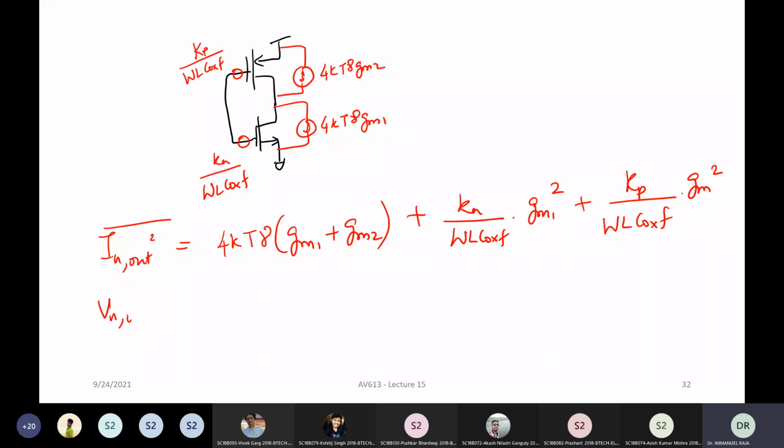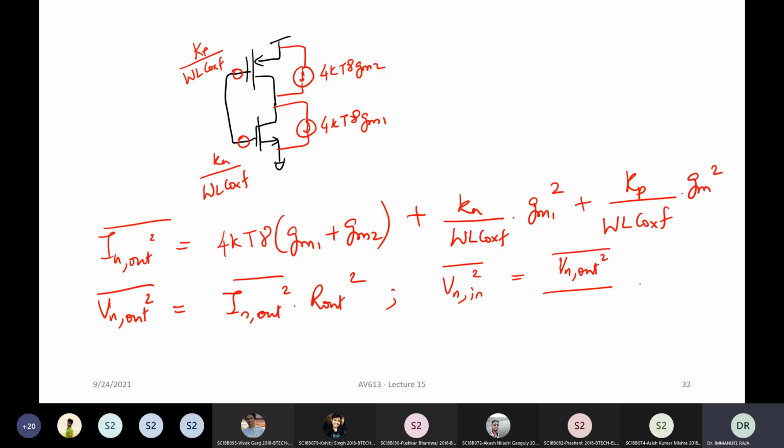Now, what is Vn,out squared? It's going to be In,out multiplied by Rout squared. What is Vn,in, the input referred noise voltage power spectral density? That's going to be Vn,out squared divided by the total transconductance, Gm1 plus Gm2, the whole squared, into Rout squared.